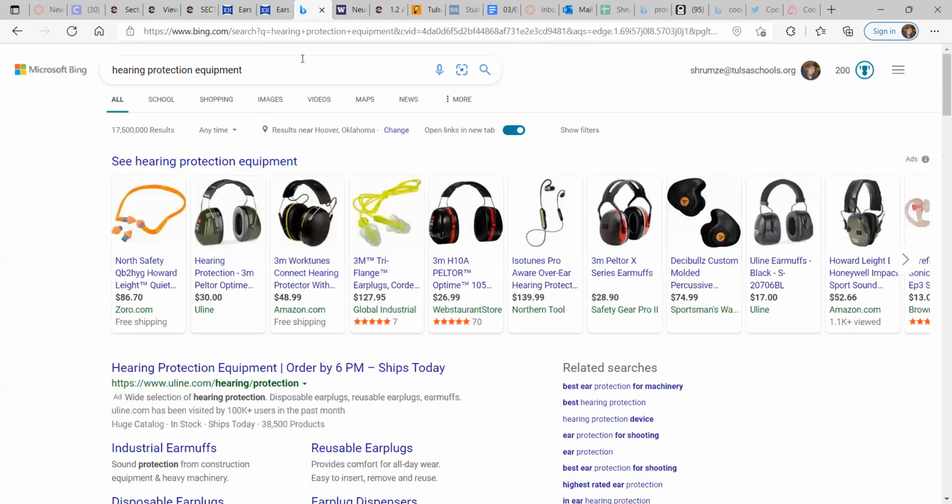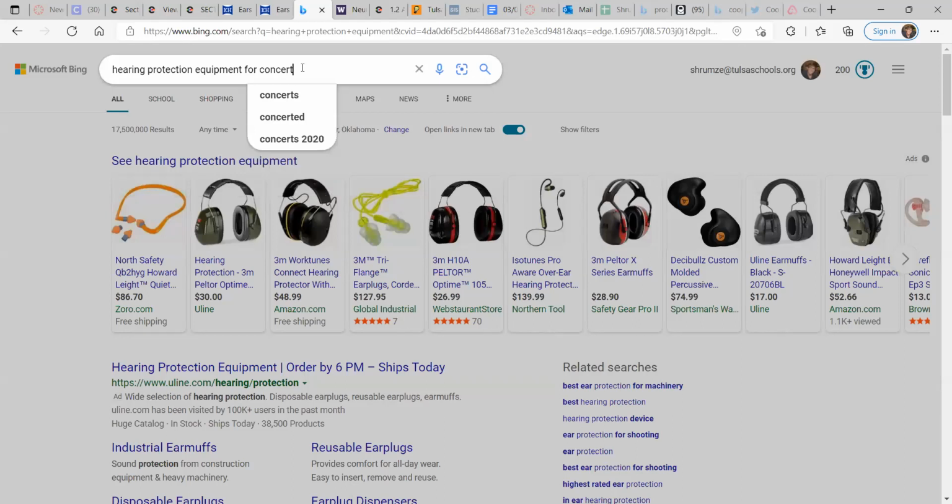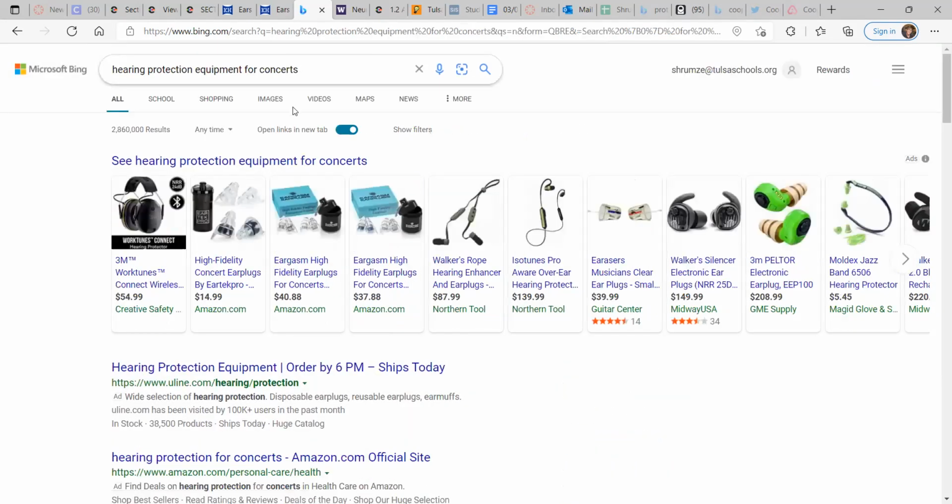But I'll show you some that I've used for concerts. These are more discreet. They're smaller. They fit in your ear. High fidelity earplugs.